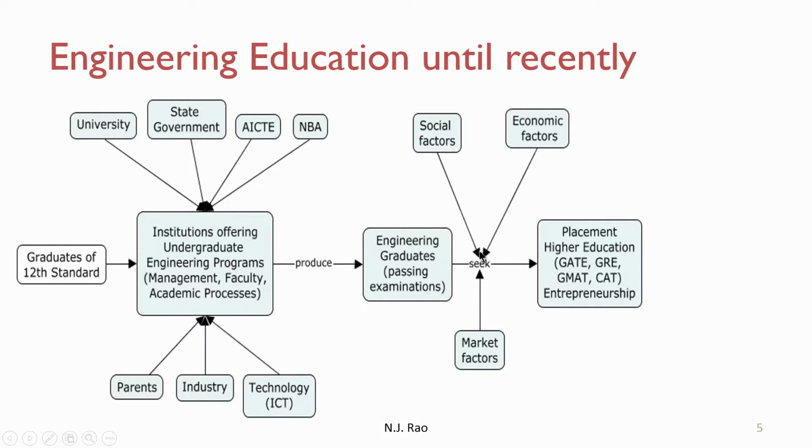Now this seeking placement is influenced by a large number of factors. You have social factors, that is the family related issues. Somebody may want to go for higher education, but the family requires that he has to go and immediately seek a job, then he is forced to go for placement rather than for higher education.